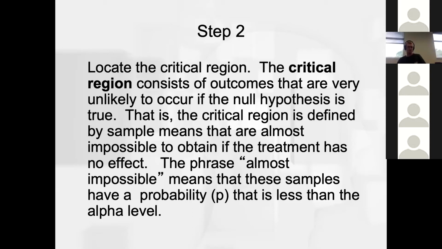That is, the critical region is defined by sample means that are almost impossible to obtain if the treatment has no effect. And when I say almost impossible, that means that these samples have a probability that is less than that alpha level.